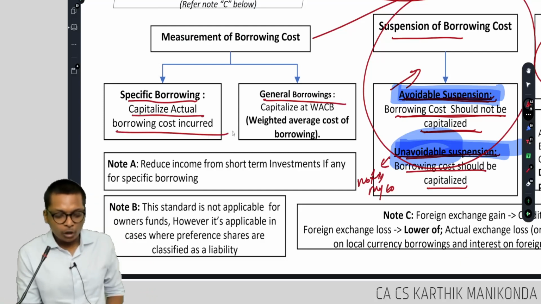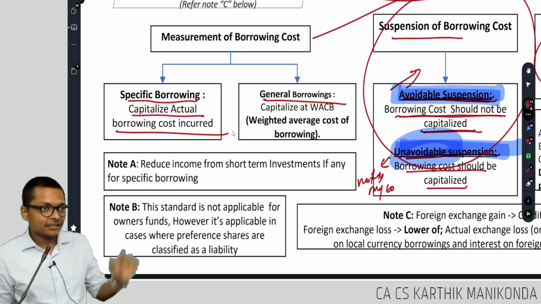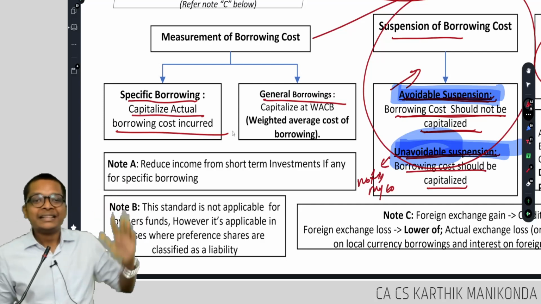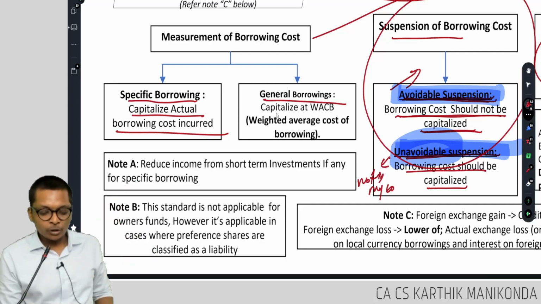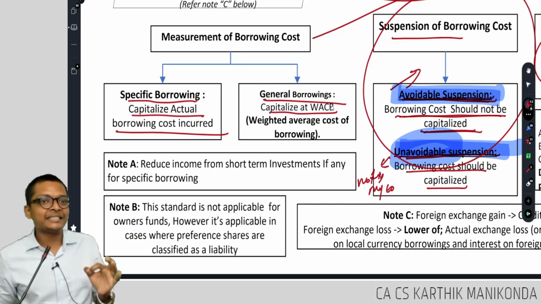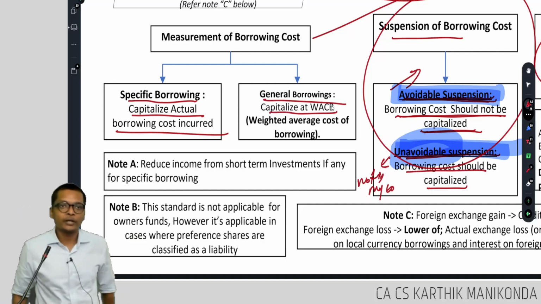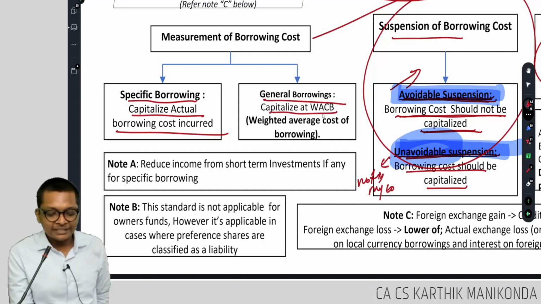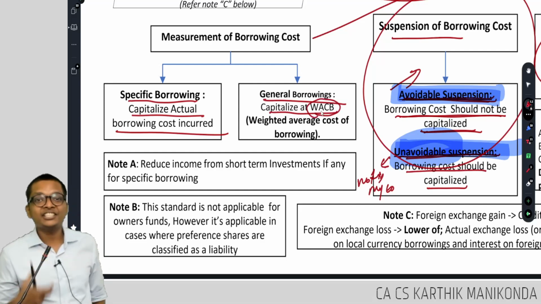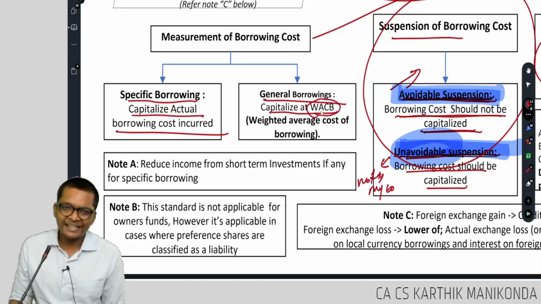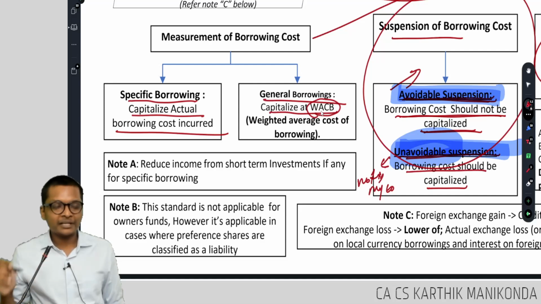For specific borrowing, capitalize the actual borrowing cost incurred. How we did it? 200 into 10%. For general borrowing, capitalize at the WACB, weighted average cost of borrowing. Are you following, guys? You will see this WACB in more detail in your financial management papers. In any professional course it's there and will be covered over there. But got the context, guys?